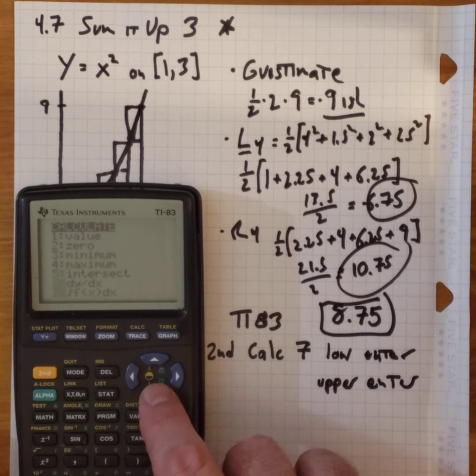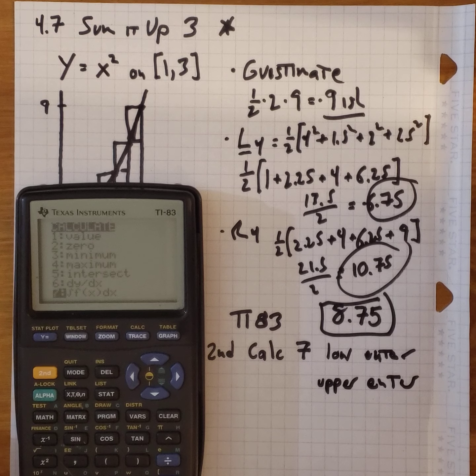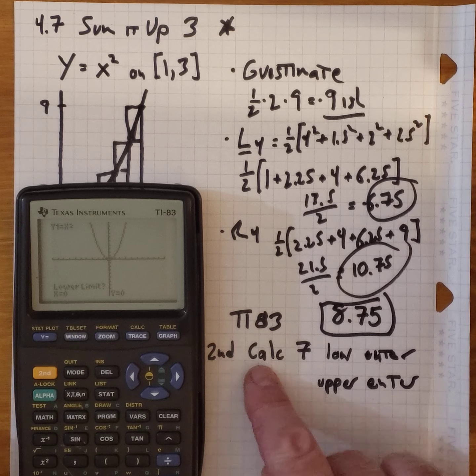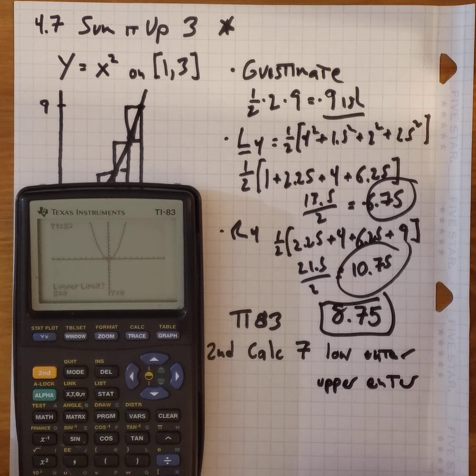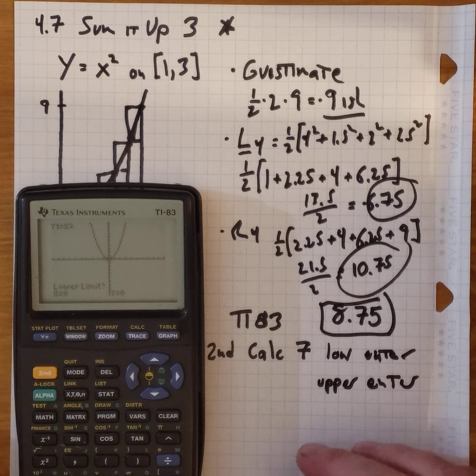Down here is the thing we're after, and I'm going to talk about that symbol in the next video. It's the integral symbol. So we choose that. Second calc, option number 7, or you can arrow down to it like I just did. Then you put in the lower limit and enter. Here we were going from 1 to 3. So our lower limit's 1, enter, then 3, enter.